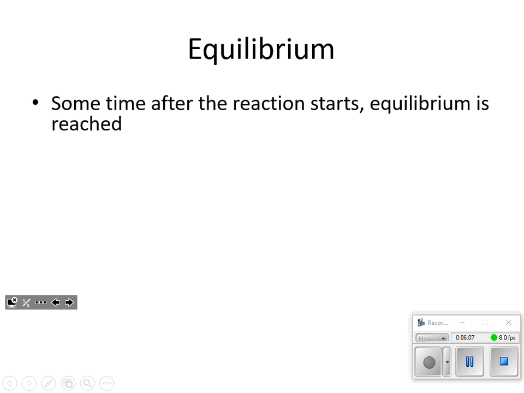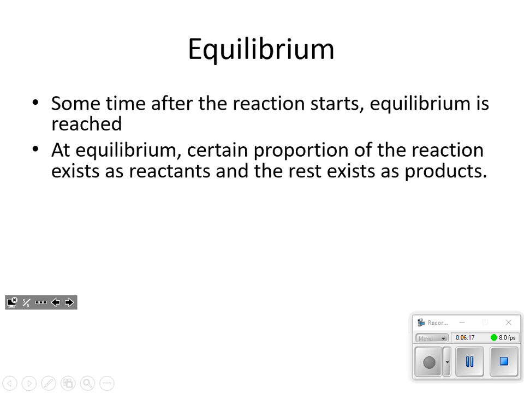Instead, reactants make products, products make reactants. An equilibrium reaction is done when we've reached equilibrium. And we reach equilibrium when the amount of reactant and product stays the same.